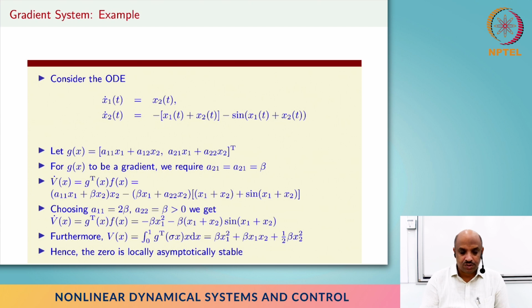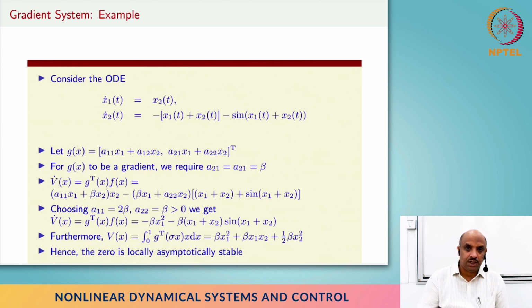So that's one of the easiest things to conclude. If V of x is a sum of squares, that's going to be non-negative to start with. Whether it is guaranteed to be positive whenever x is non-zero, that's an additional check, right? So here is an example where we started with a general system, and then we forced this gradient g of x to satisfy certain conditions.